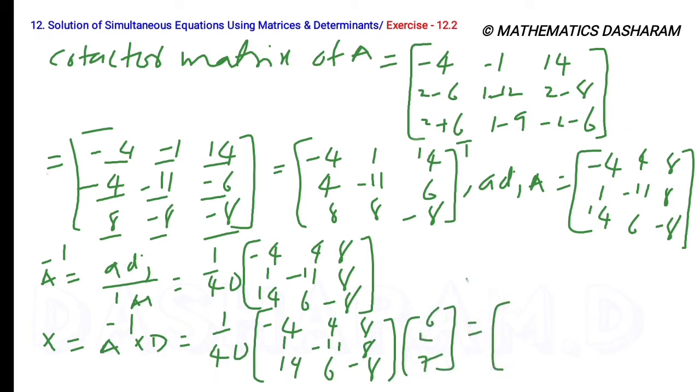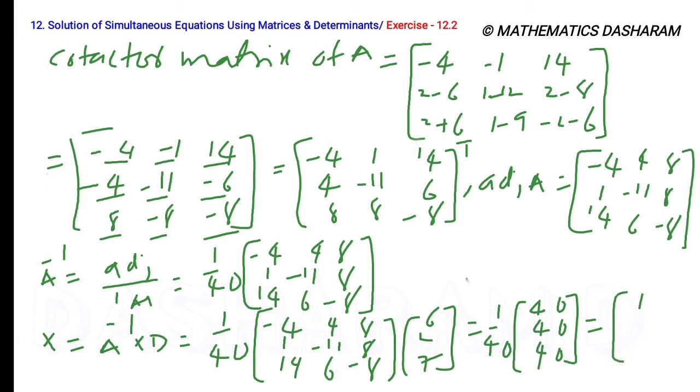Then it is equal to, multiplying both matrices, their multiplication is 1 by 40 into 40, 40, here also 40. Now 1 by 40 multiplied inside, so then 1, 1, 1. So our required answer is x equals 1, y equals 1 and z equals 1.